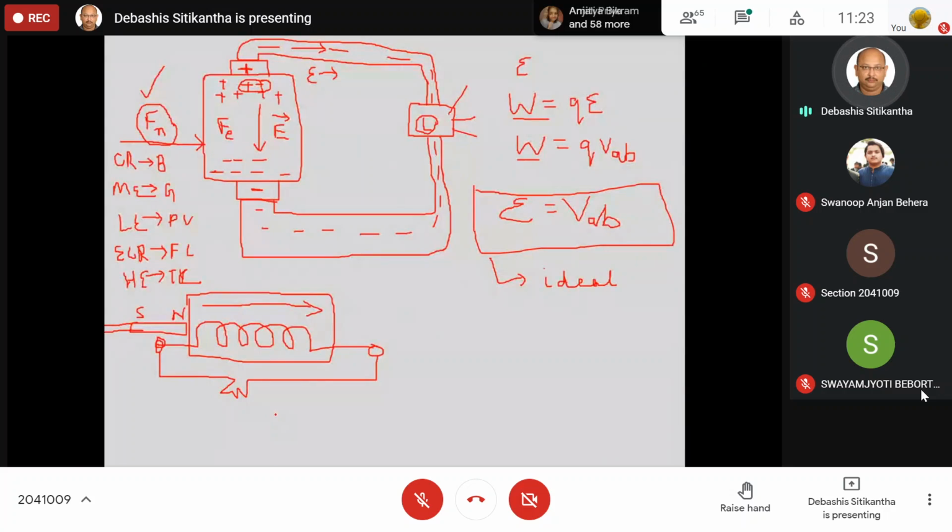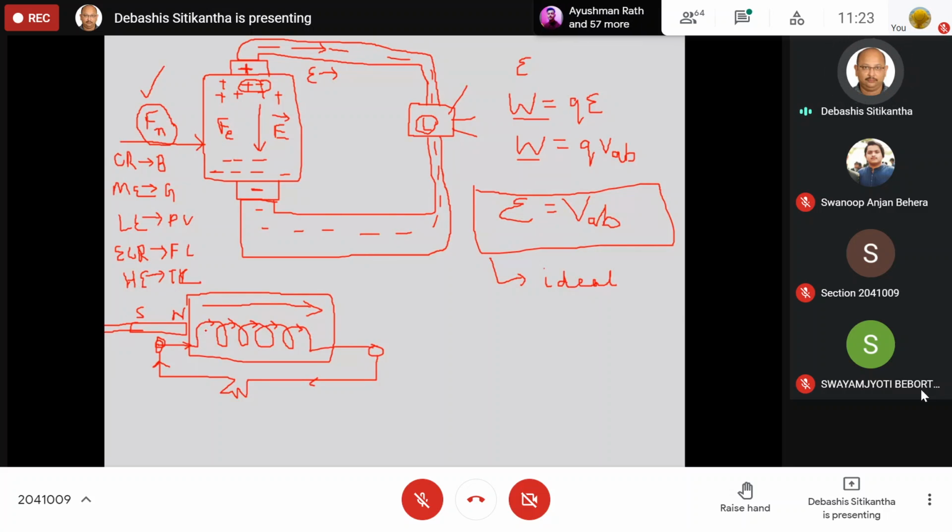So what is going to happen? Obviously, since this is a closed circuit, naturally a current will start flowing in this circuit along with the coil. Naturally this coil is made out of some conducting material, maybe copper or maybe aluminum. Obviously copper and aluminum do have their own internal resistance, because every conductor, particularly metal conductors, is going to have a constant resistance.